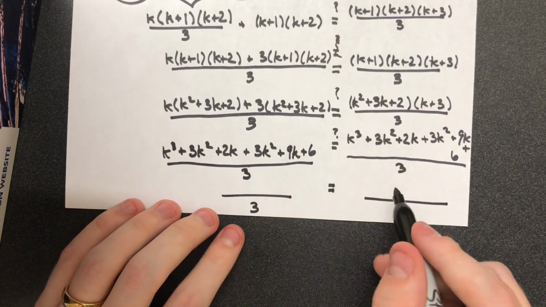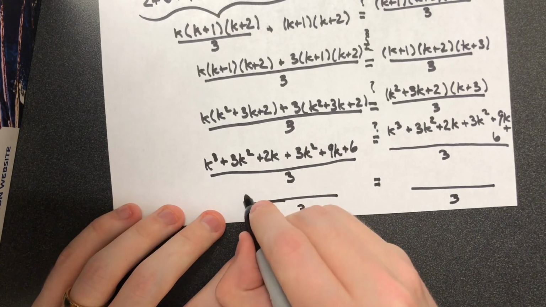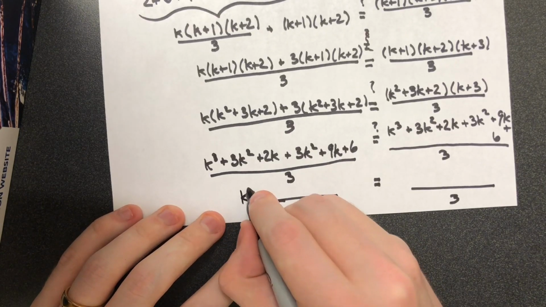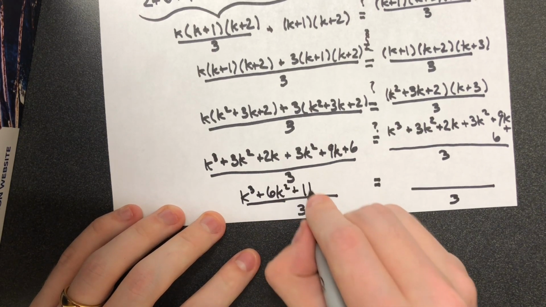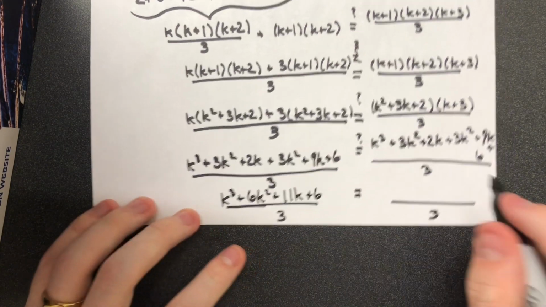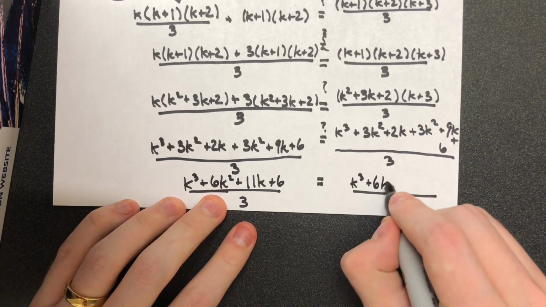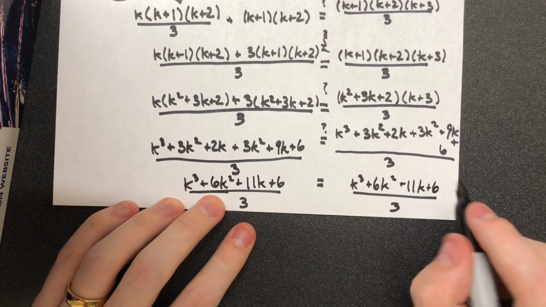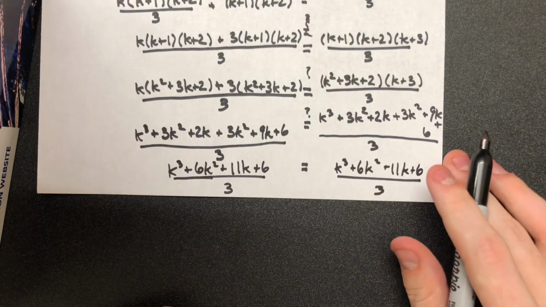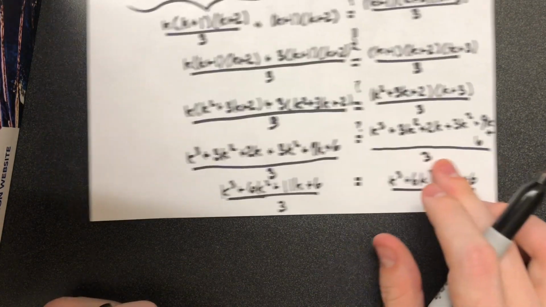So, as you can see, the left and right sides are the same now, because we can just do k cubed plus 6k squared plus 11k plus 6 equals k cubed plus 6k squared plus 11k plus 6. Okay, we didn't need new paper. Getting a little bit cramped, but we're getting there.